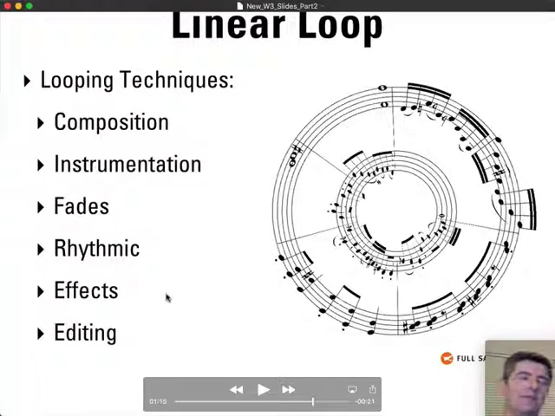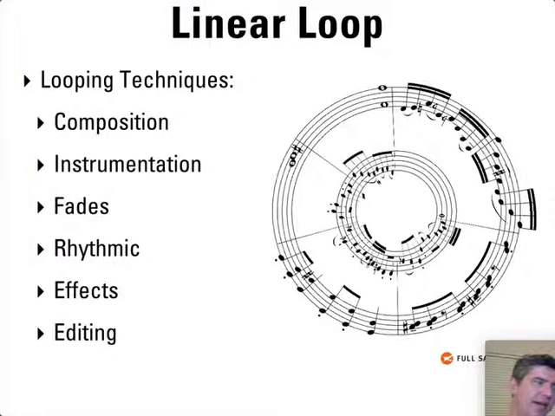Effects. Sometimes you can get away with effects. I guess you could be really creative with it, but sometimes this can be kind of a cheap method of doing a loop, where the music is going, you've got drums and bass and melody and harmony, and all of those elements fade off and go into a whole bunch of weird effects that swirl around, big reverbs, delays.